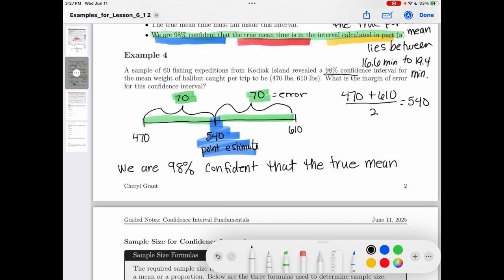Because we're talking about means, we're going to use the word mean. There are times where we're going to talk about proportions, and in that case you want to interchange mean with proportion. Okay, so we are 98% confident that the true mean lies between 470 pounds and 610 pounds.